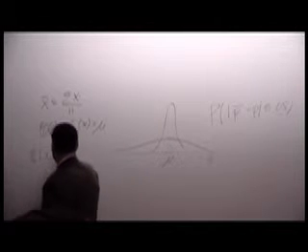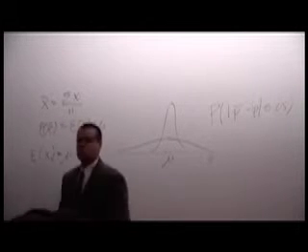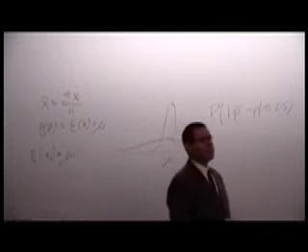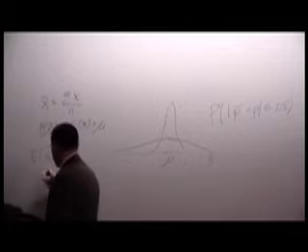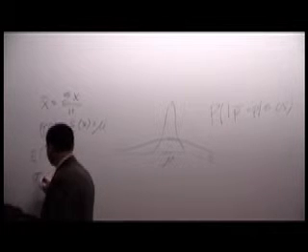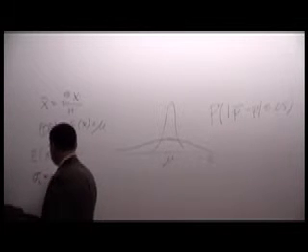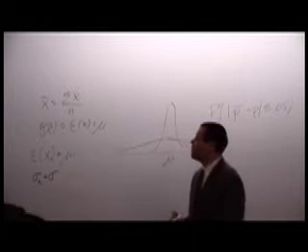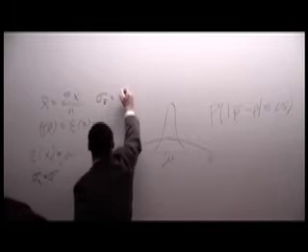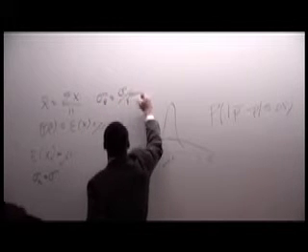The expected value of x1 is still mu. No problem with that. But the standard deviation for x1 is just the standard deviation of the parent population. Whereas the standard deviation for x bar is the standard deviation for the population divided by the square root of n.